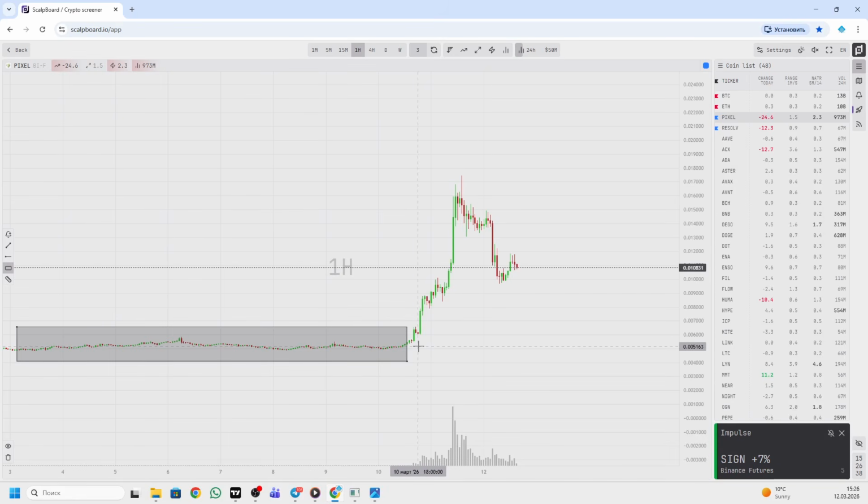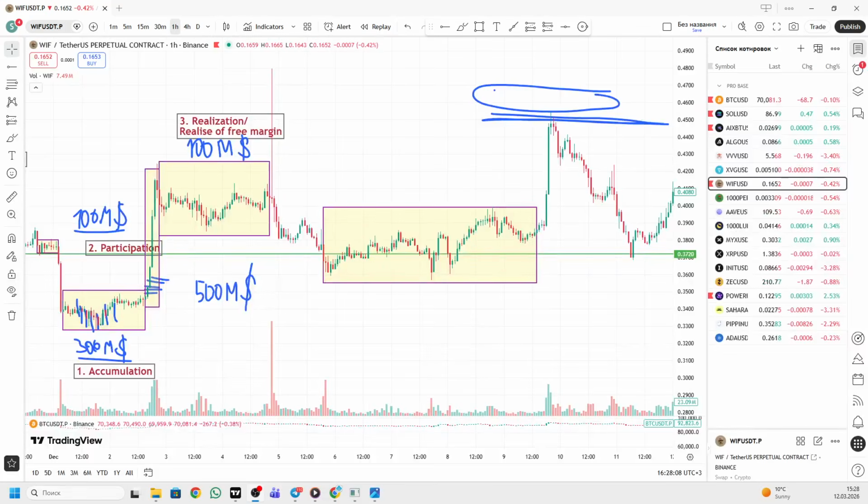He pushed it here, then again, then pushed it here, and now he just exited the position. Okay. Actually, it's very interesting, when you understand and see these phases, you can absolutely calmly make a decision. You will know how to trade this asset. And of course, it will really help you in trading.